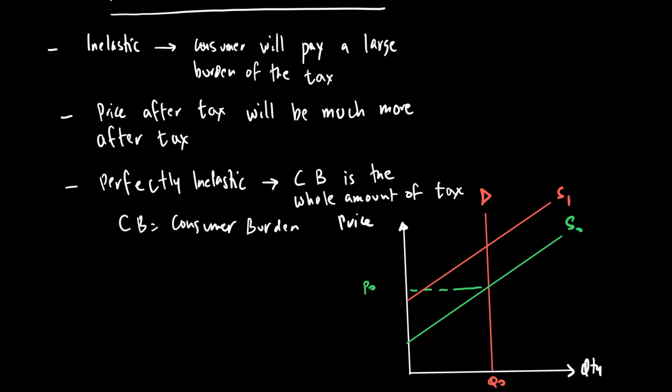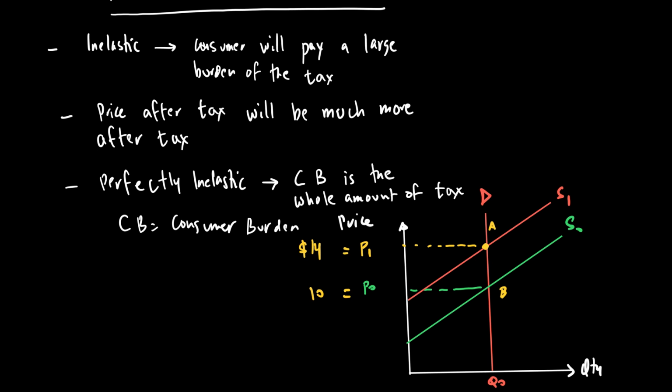So the new supply curve will be S1, and the new price is, for example, P1, where this vertical distance AB is the amount of the tax. So let's say the price was $10 and the amount of the tax is $4. So 10 plus 4, I reach P1, which is 14. And this P1 of 14 is also my new equilibrium price.